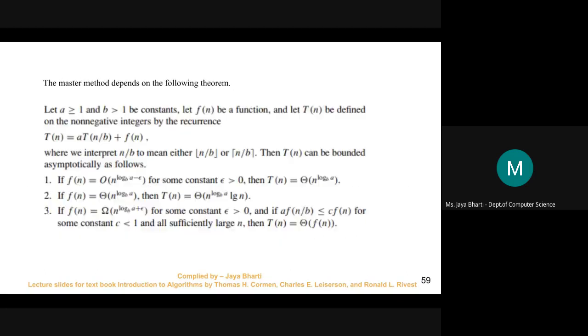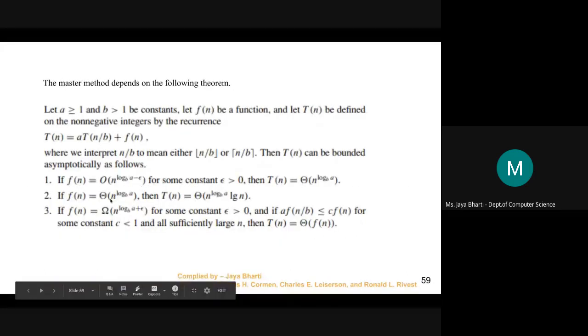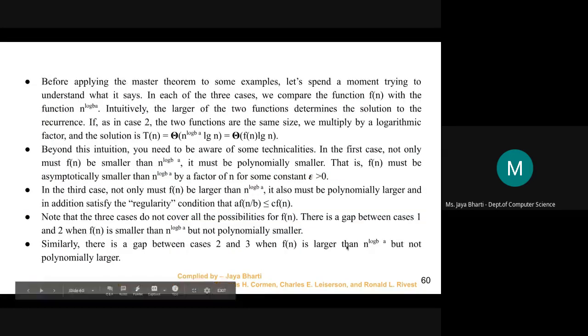The same holds for case 2 and case 3: if it is larger than this one but not asymptotically or polynomially larger, then you cannot apply the master method. So this is the drawback of the master method. It cannot be applied to all recurrence relations.